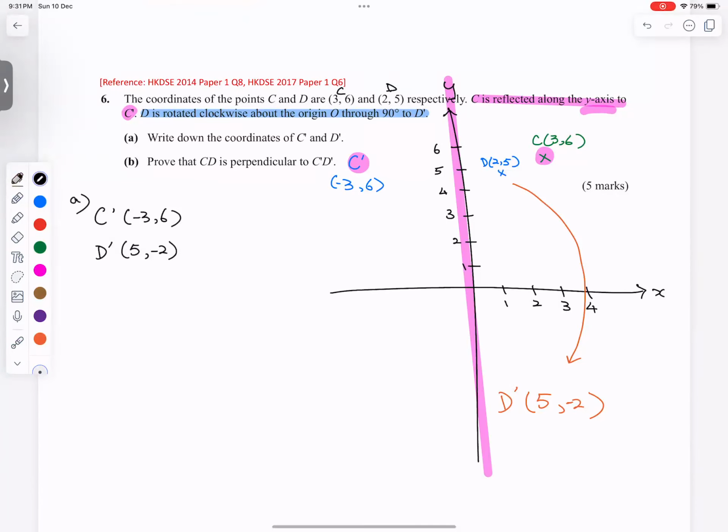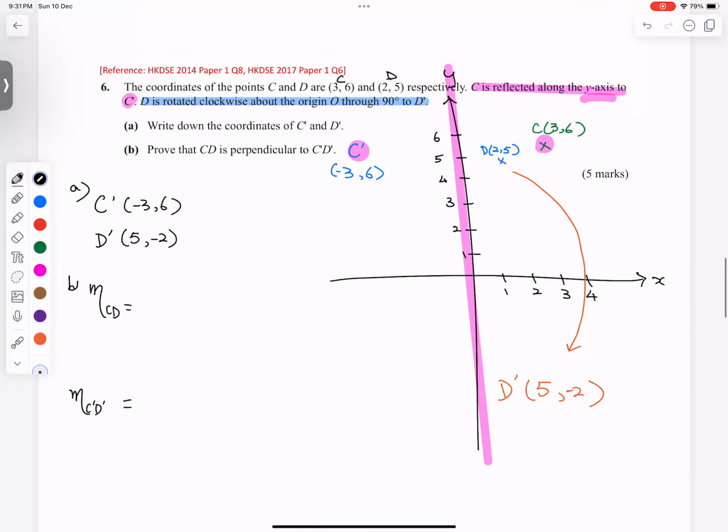And then what does the question need? We now need to prove whether they are perpendicular or not. So to prove something perpendicular, find your slopes first. So you find the slope of CD first, and then find the slope of C dot D dot.